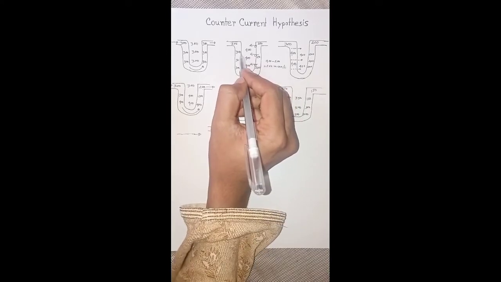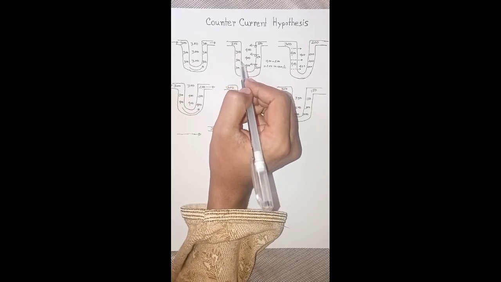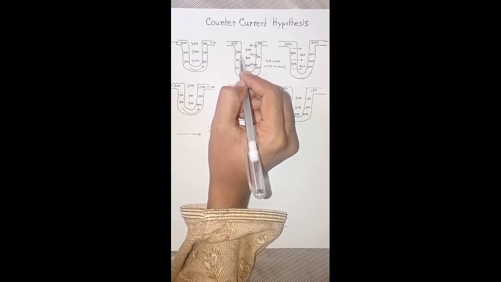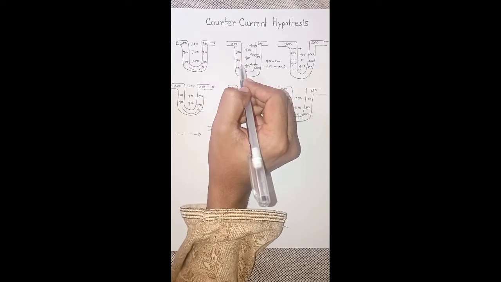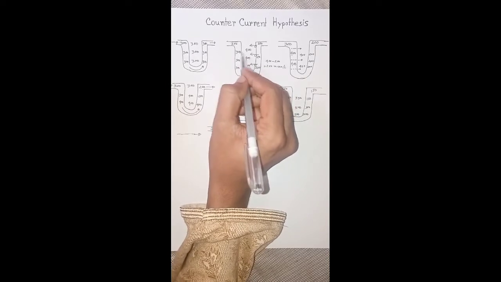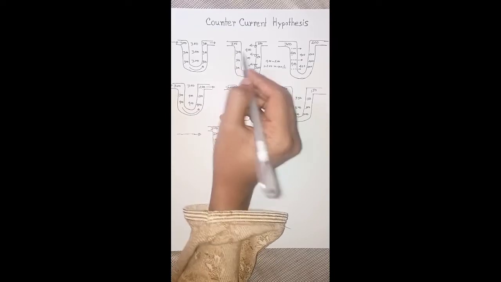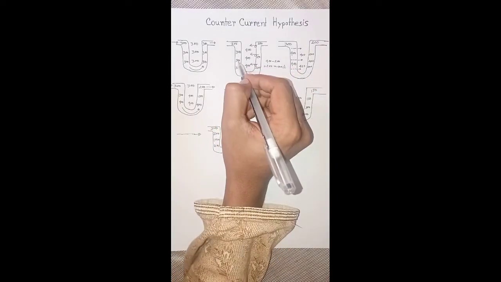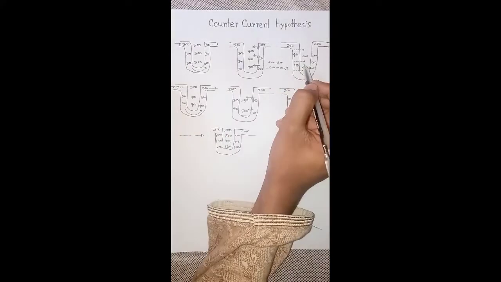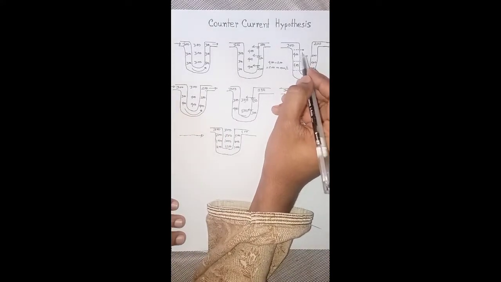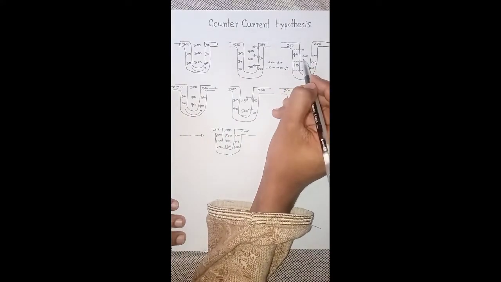And we also know that the descending loop of Henle is highly water permeable. As the descending loop is highly water permeable and a concentration gradient arises, water now moves from the descending loop of Henle to the medullary interstitium. Here we show that water moves to the medullary interstitium.